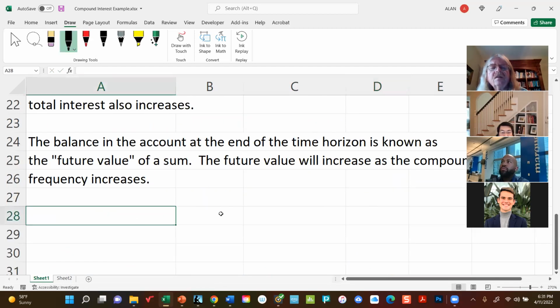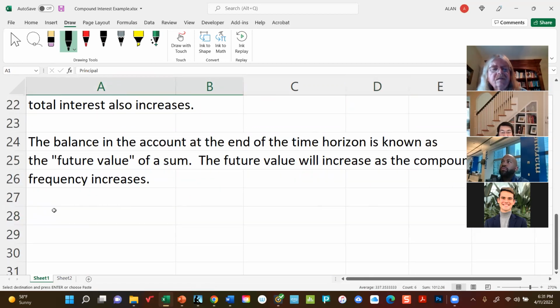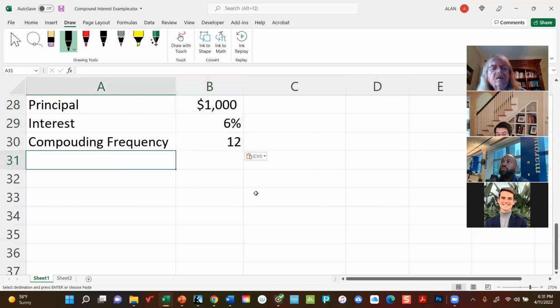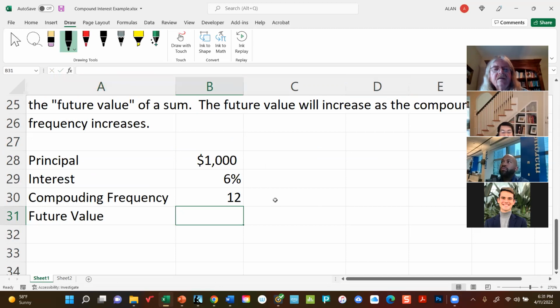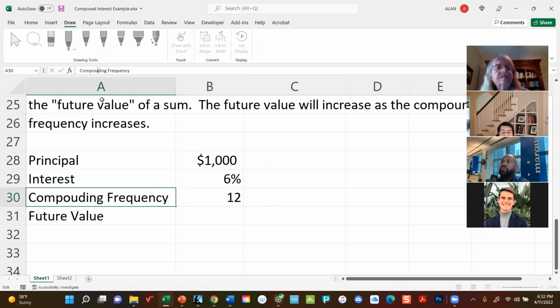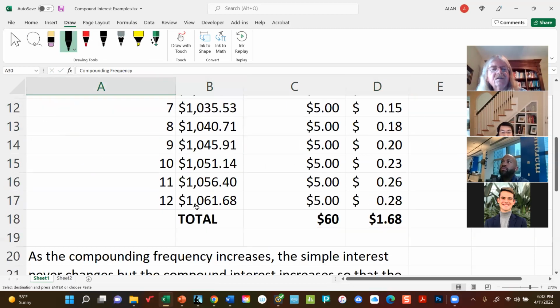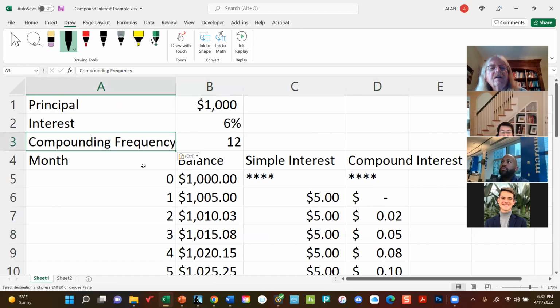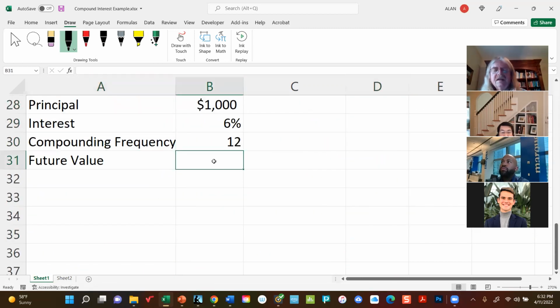By the way, if you want to know how much that would be, what you could do is use Excel's functionality. You can change this any way you like. Let me just show you real fast so that you don't have to go through this entire chart every time. You could tell Excel, I need to figure out the future value of the sum.